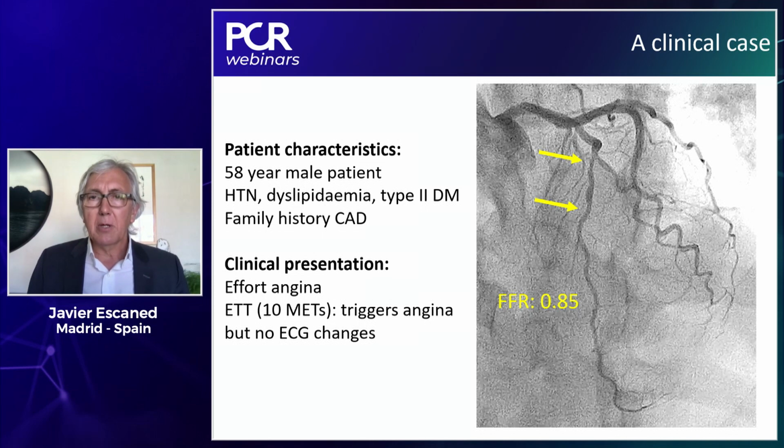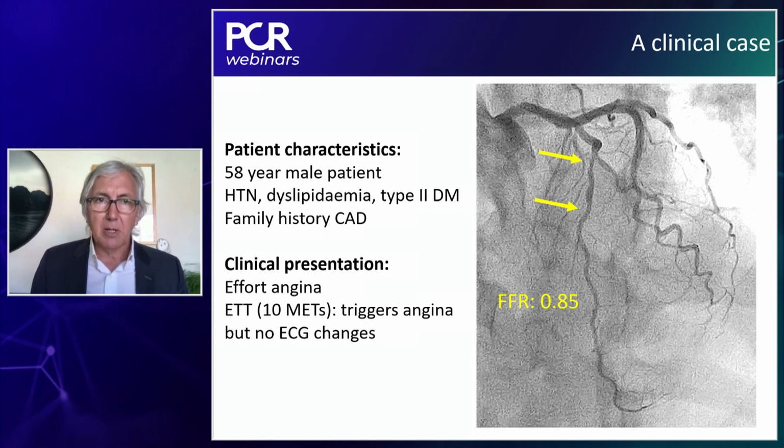The patient presented with effort angina and had a positive exercise test in terms of symptoms. There were no EKG changes. We brought the patient to the cath lab, saw these stenoses in the LAD, performed an FFR, and found that the values of the FFR were non-ischemic. So I hand it over to you, and perhaps we can get feedback from the colleagues on how they would manage this patient.